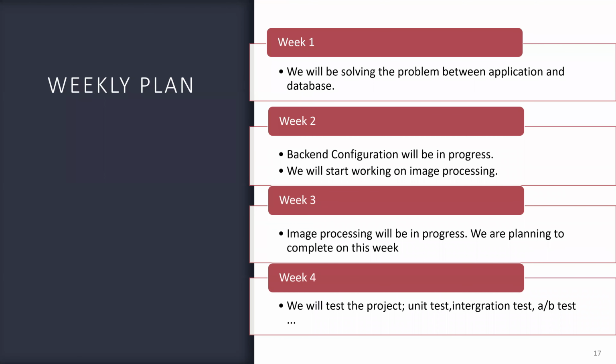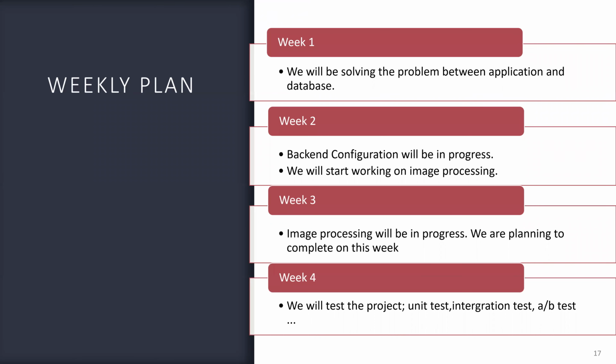Our weekly plan is, for week 1, we will be solving the problem between the application and database, because we still have a problem with the connection between them, and we are still working on it. For the second week, we will be working on the backend configuration, and we will start working on image processing again.